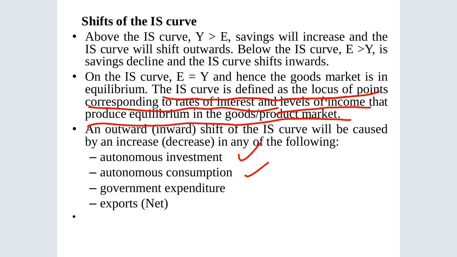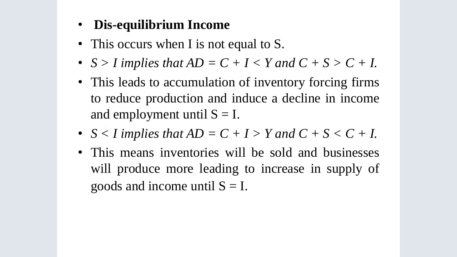Autonomous consumption, if it increases, then the curve shifts outwards. Government expenditure, if it increases, we expect a shift of the IS curve outwards, and net exports will also cause an outward shift in the IS curve.